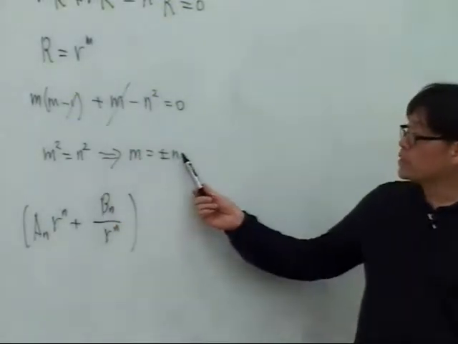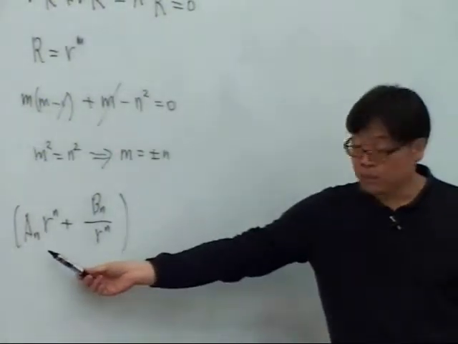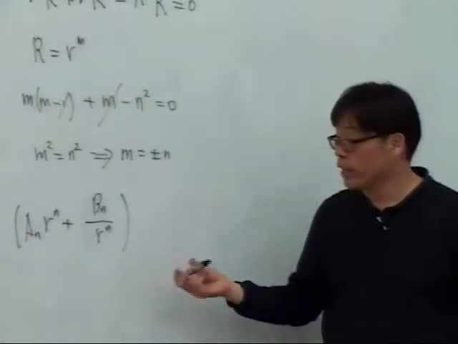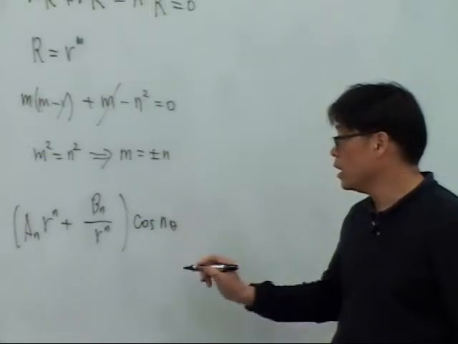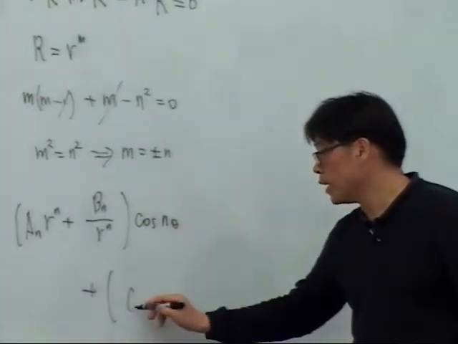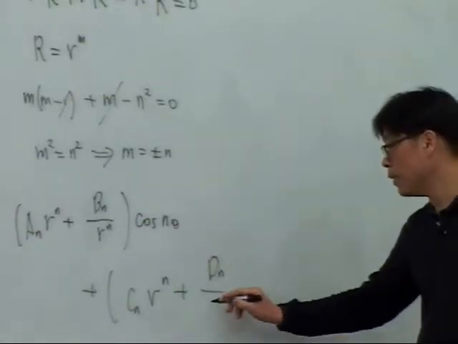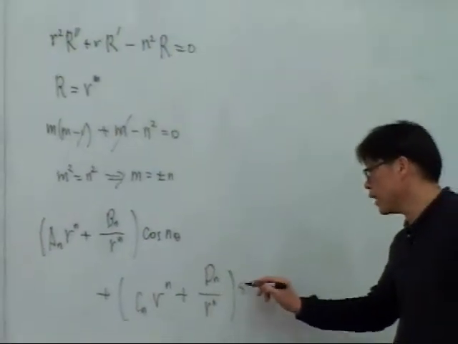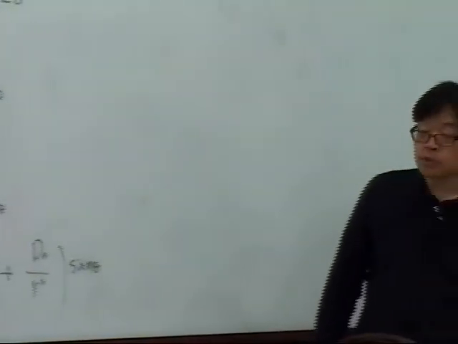So m has to be plus n or minus n, and a linear combination of those can be written in this way. And then I have to multiply by cosine n theta. Likewise, I have c_n r^n plus d_n divided by r^n, times sine n theta. So that's the general solution when C is equal to n squared, which is not equal to 0.